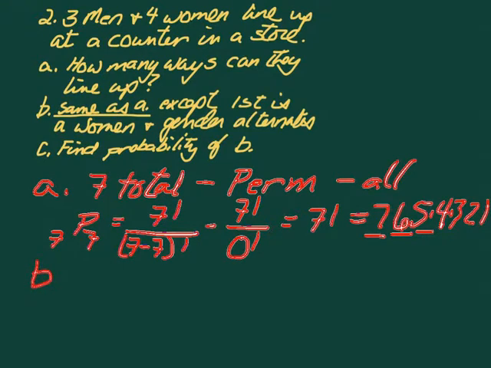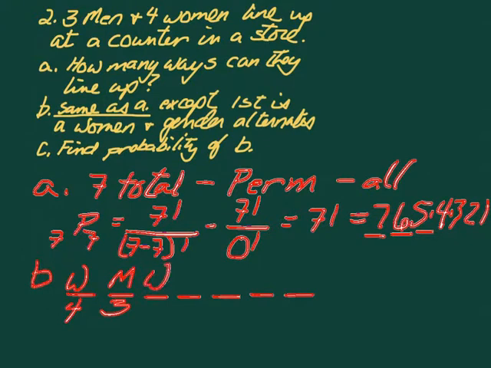Part B. Part B then says, we want how many ways can they line up if the first is a woman and the gender alternates. So this one I'm going to do by fundamental counting principle. I have 7 total people and I have a woman here. And the first one has to be a woman, so I have 4 choices. Then I have a man. I have 3 choices there.